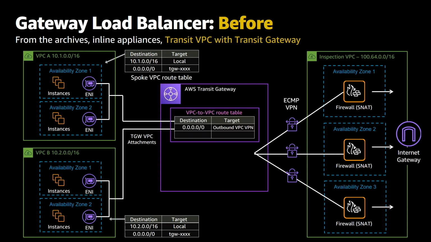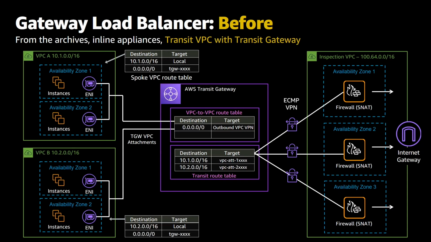And then the TGW is going to have route tables as well, route domains, right? In this case, this route table is associated with the 2 VPCs. And as soon as it sees the traffic coming and the destination is 0.0.0.0/0, I'm going to send everything to the outbound VPC VPN, right?